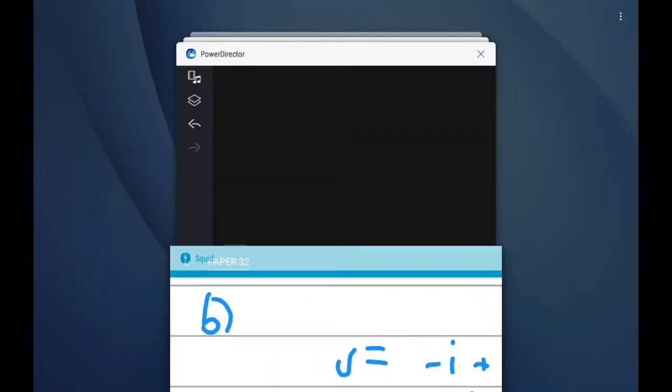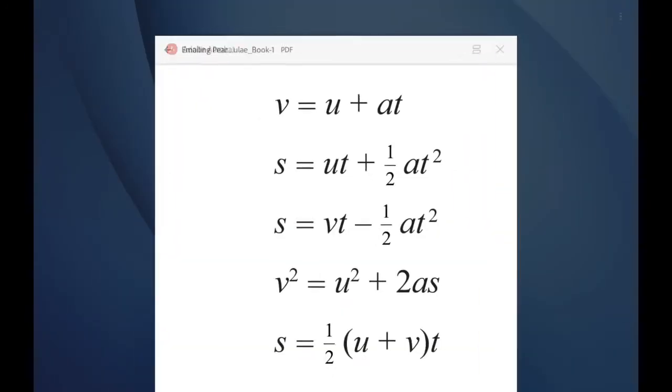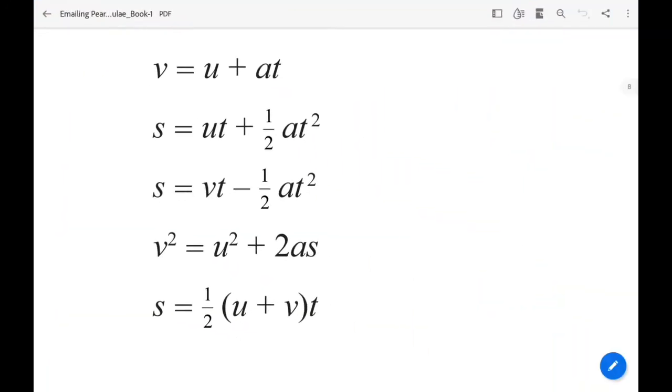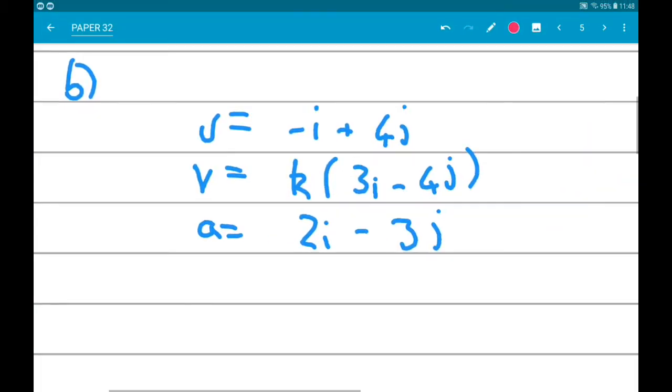So this time we are going to use s = ut + 1/2 at squared, and also this time we know t is 4.